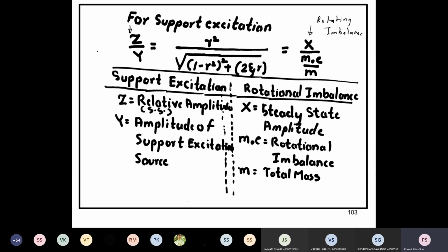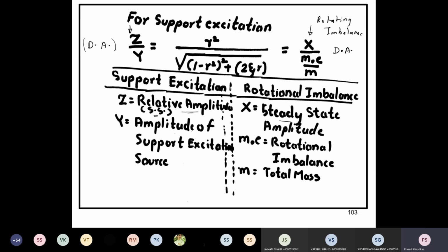This is the dimensionless amplitude for support excitation, and this is the dimensionless amplitude for rotating imbalance. Z is the steady state relative amplitude.